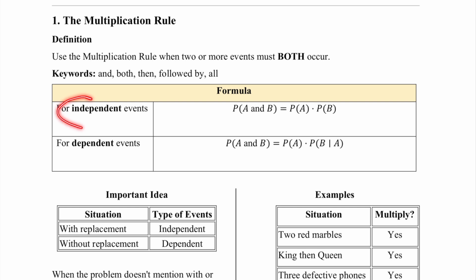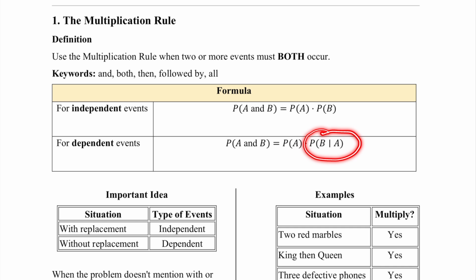For independent events, P of A and B equals P of A times P of B. For dependent events, P of A and B equals P of A times P of B given A. Let's talk about this notation.